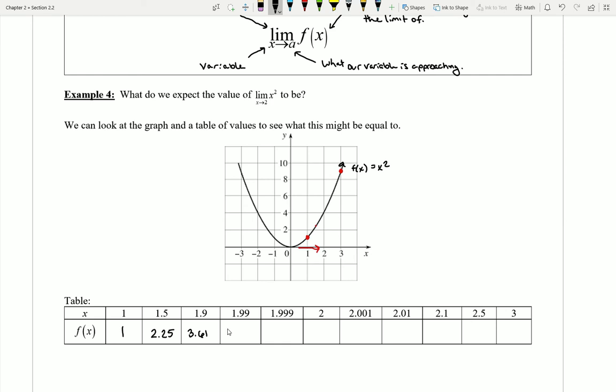If I plug in 1.99, I'm going to get 3.9601. I'm getting even closer to the x value of 2 by going to 1.999, and if I plug that in, I'm going to get 3.996001. Notice again, what I'm doing is moving towards the x value of 2, and my goal is to try to figure out where it looks like the path is leading me.